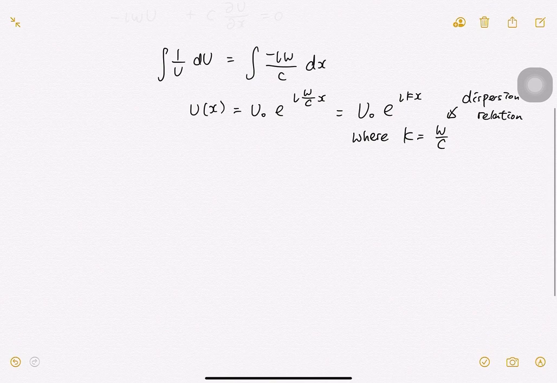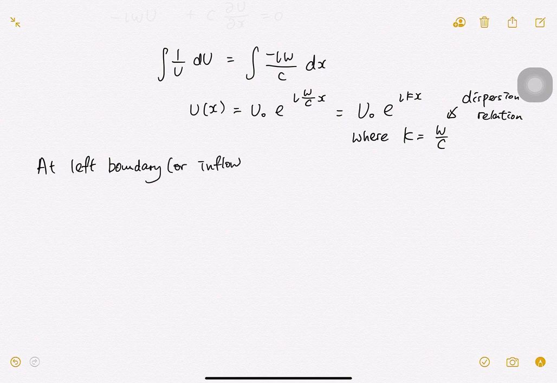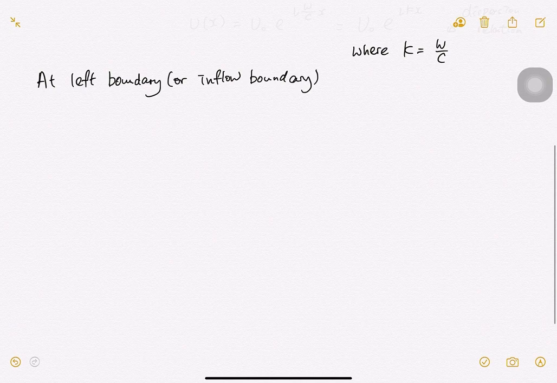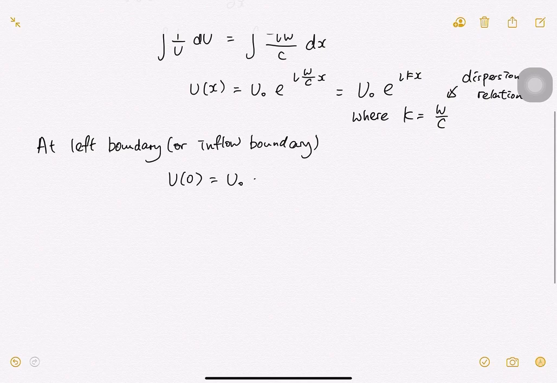Okay, and at the left boundary, or inflow boundary, u at 0 equals u naught e to the power of 0, which equals u naught.